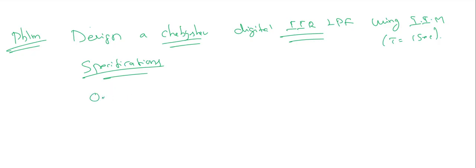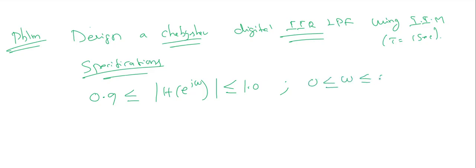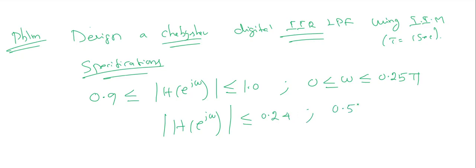The magnitude of H(e^jω) is greater than or equal to 0.9 in the passband, and equal to 1 at the start. Draw the frequency response and specify the parameters: ω up to 0.25 pi, and |H(e^jω)| less than or equal to 0.24 for 0.5 pi less than or equal to ω less than or equal to pi.